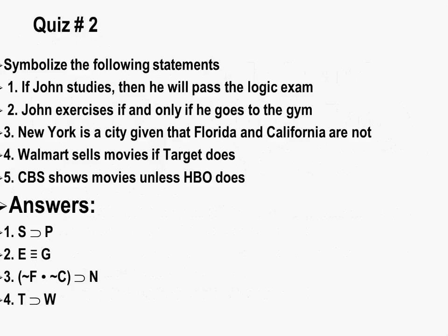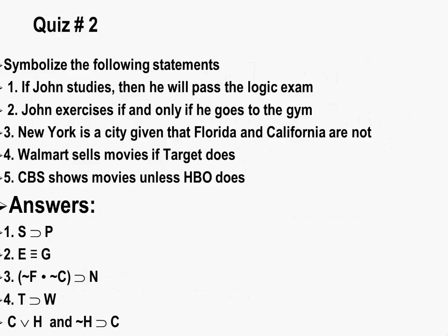And lastly, CBS shows movies unless HBO does. Okay, there are actually 2 ways of doing this. You may have done one of these. If you think about it, what this is basically saying is that either CBS shows movies or HBO shows movies, right? So that would be the reason why we have C or H. C symbolizing CBS shows movies, and H symbolizing HBO shows movies.